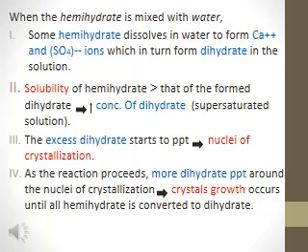The excess dihydrate will start to precipitate and form nuclei of crystallization. Once these nuclei are formed, the other dihydrate that forms begins to aggregate around them, and crystal growth occurs until all the hemihydrate is completely converted to dihydrate. There is no hemihydrate residue. At this step, the reaction is completed.